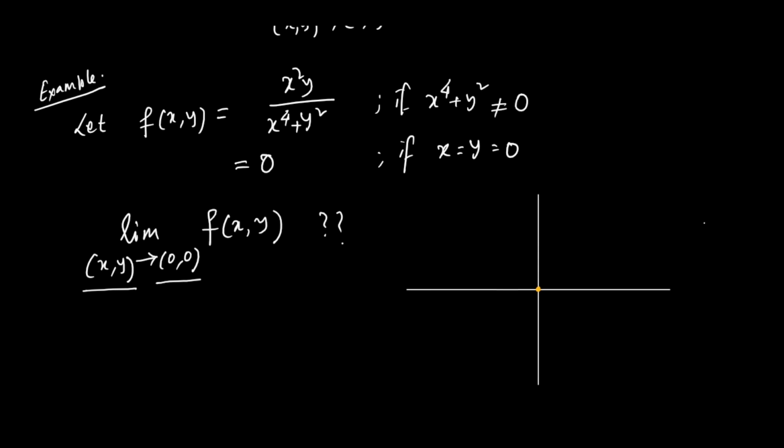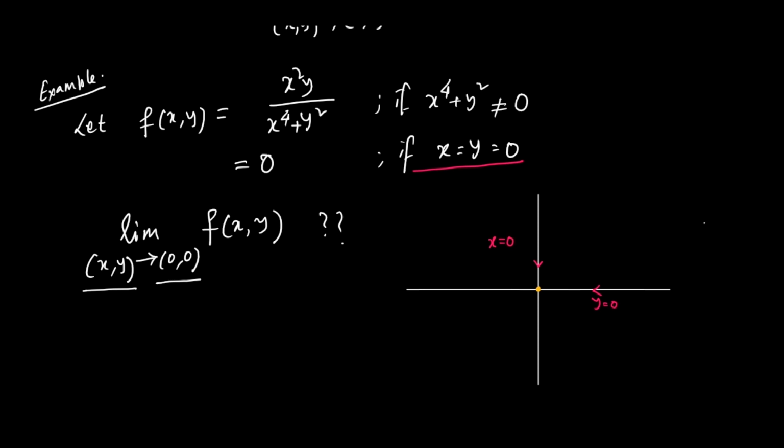For example, if (x,y) approaches the origin along any of the two axes, say along this line, the equation of this line is y equals 0. Or similarly, if (x,y) approaches the origin via this line, this line means x equals 0.